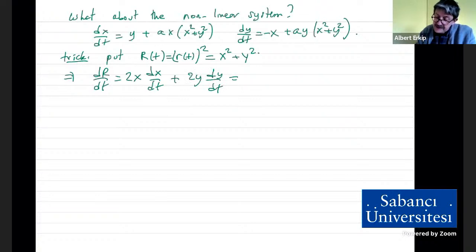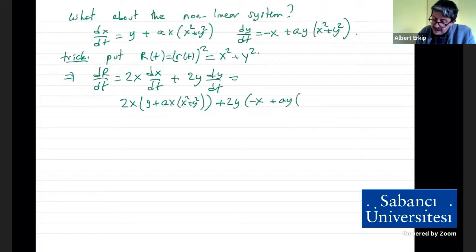And now replace them. So you get 2x times y plus ax times x squared plus y squared, plus 2y times negative x plus ay times x squared plus y squared.